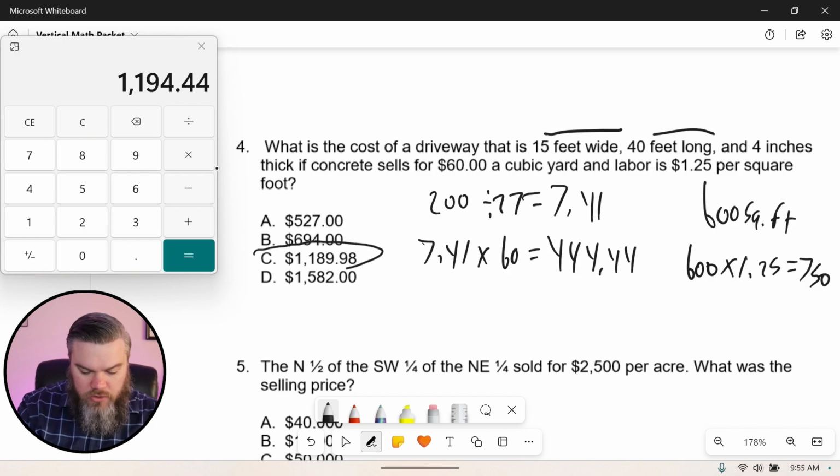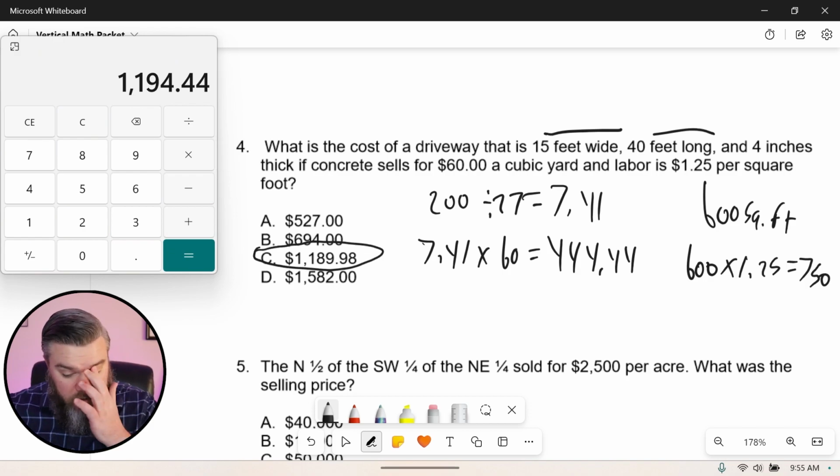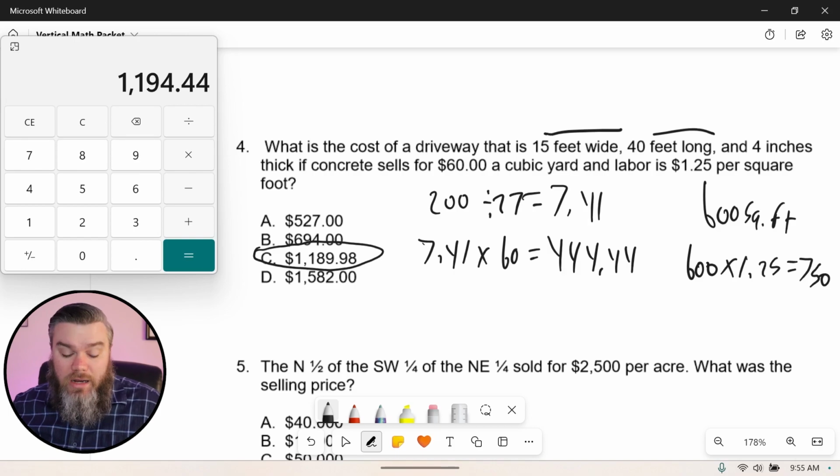C, and it really just comes down to rounding, folks. This worksheet is based on rounding to 3 decimal places, and I didn't do that.